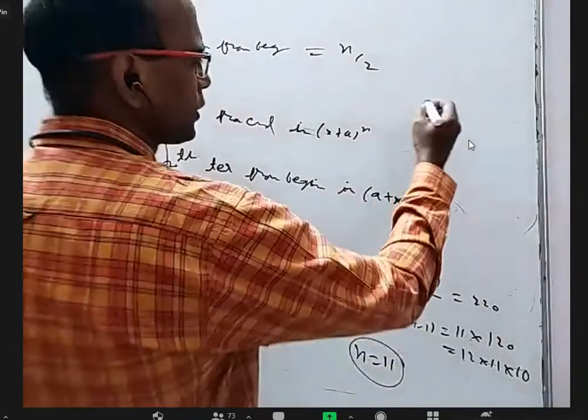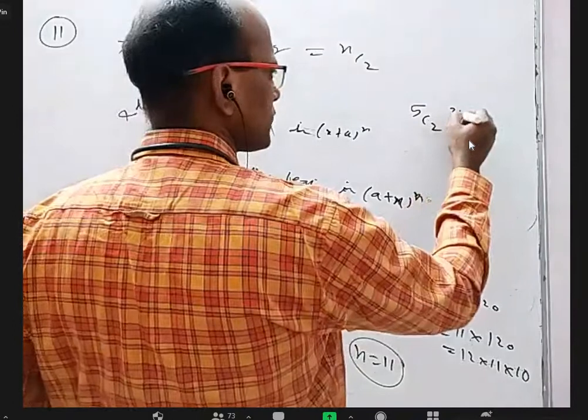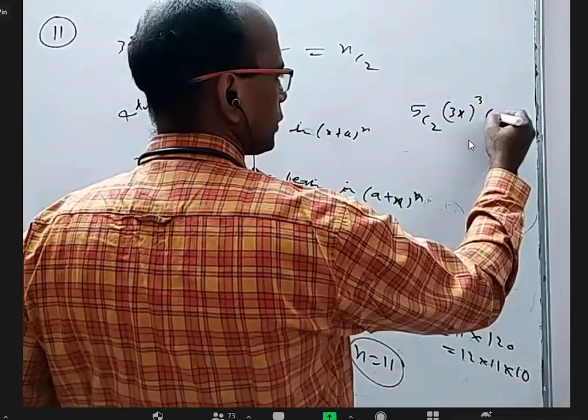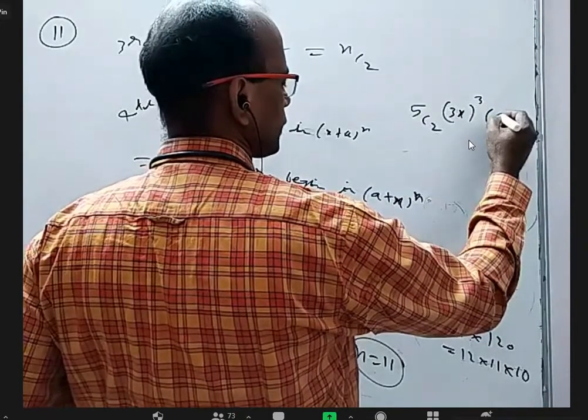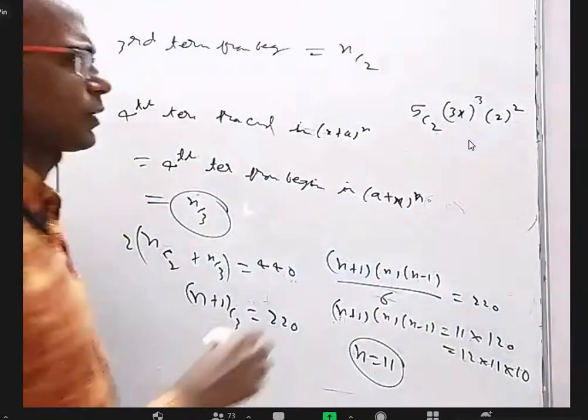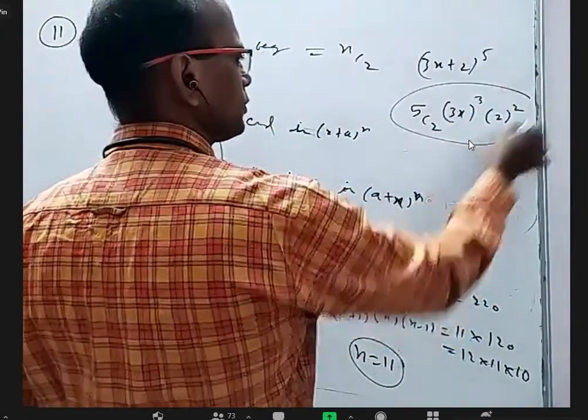Let's say there is a particular term like this: 5C2 (3x)^3 into, let us say, 2 squared. This is a particular term in the expansion of (3x+2)^5, the third term. Correct, no?